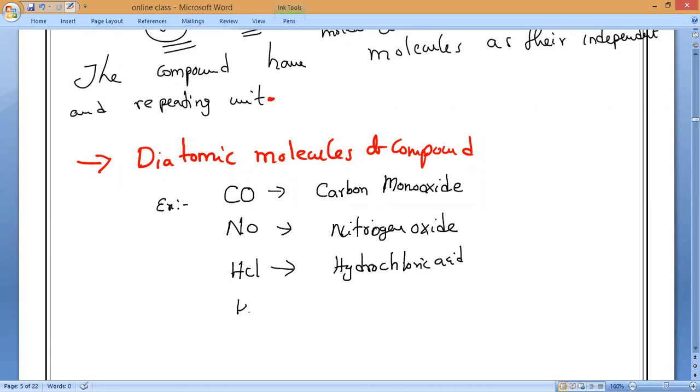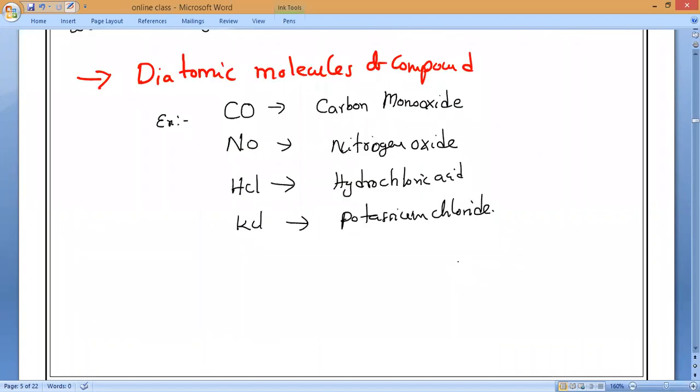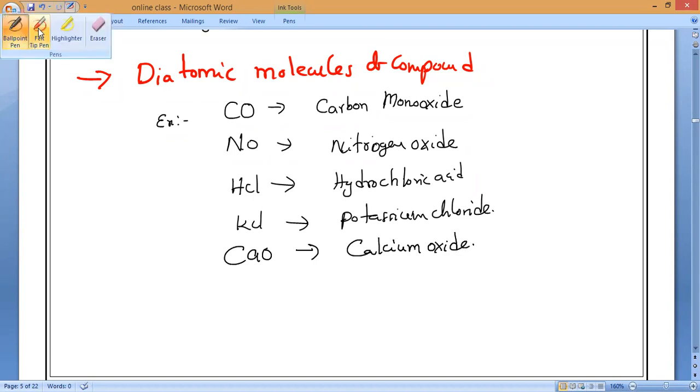Two only. KCl, potassium chloride, how many? Two. Potassium chloride, all are examples of that only. Okay. Next, calcium oxide, CaO. How many atoms? Two only. Examples of diatomic molecules.